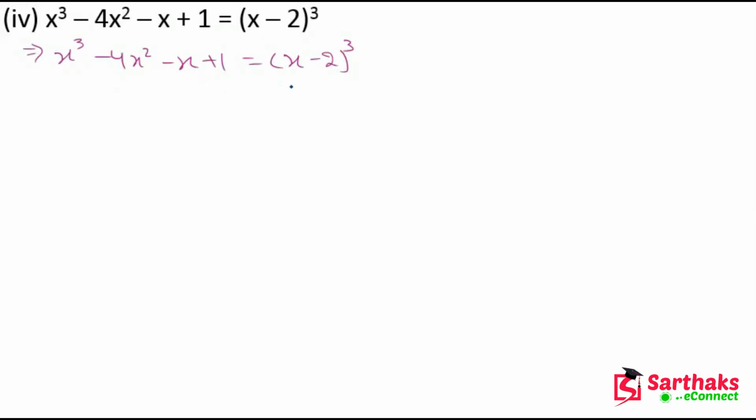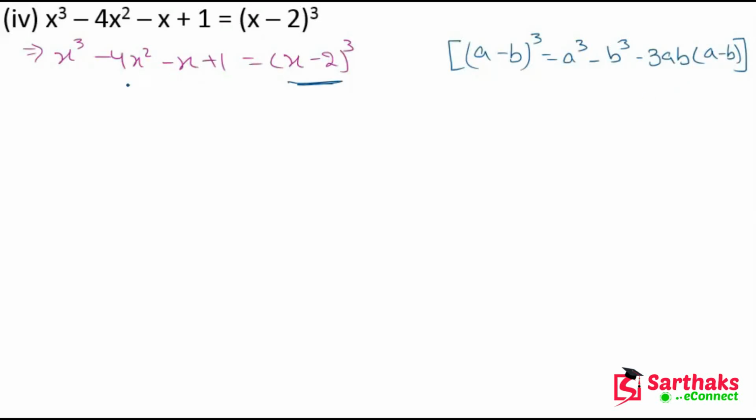This expression is like (a minus b) whole cube. So what is the formula of this? The formula of this expression is a cube minus b cube minus 3ab(a minus b). So this is the formula.